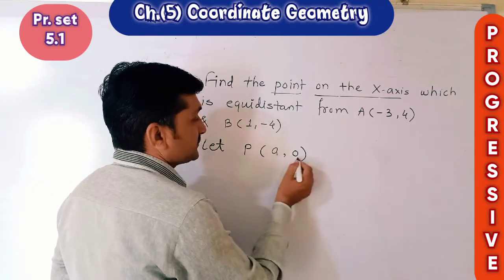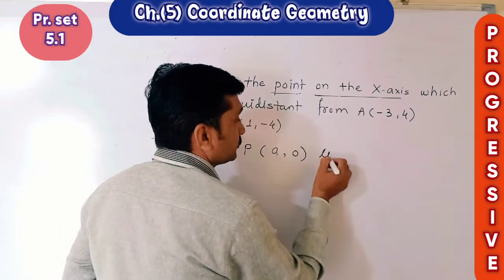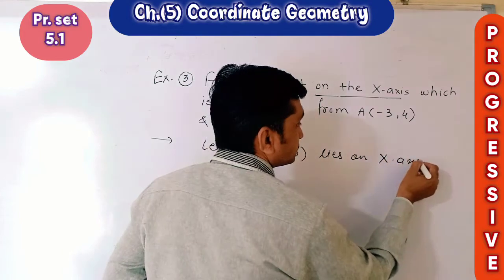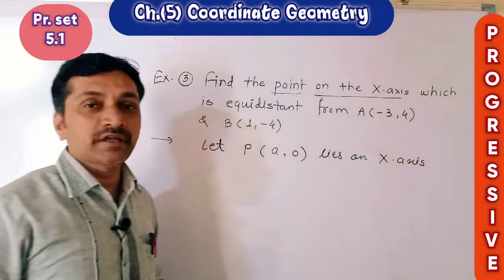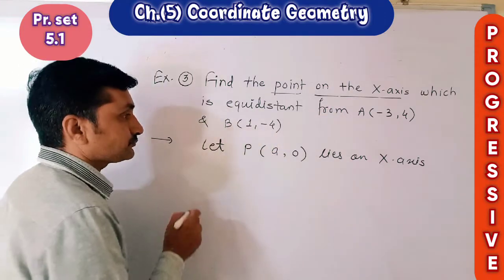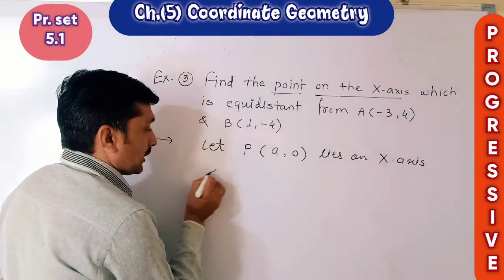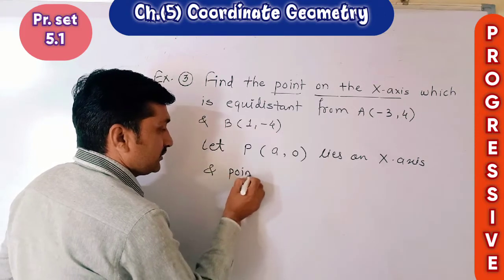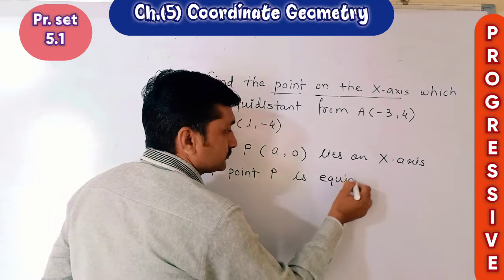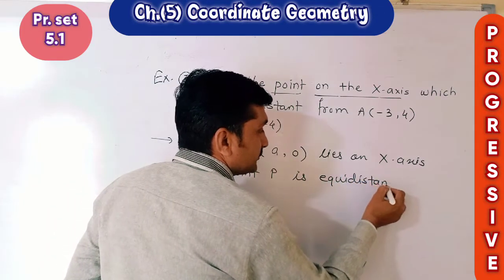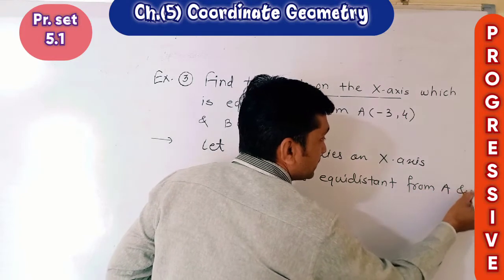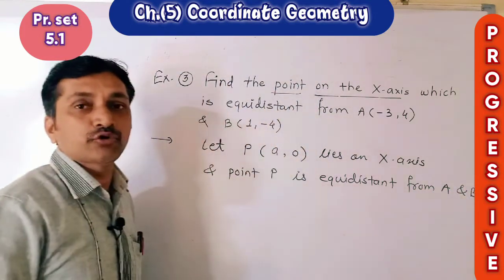Let P(a, 0) lie on the x-axis, and this point is equidistant from A and B. Point P is equidistant from A and B.